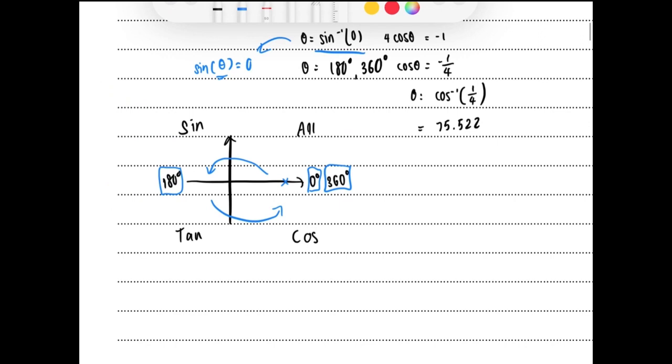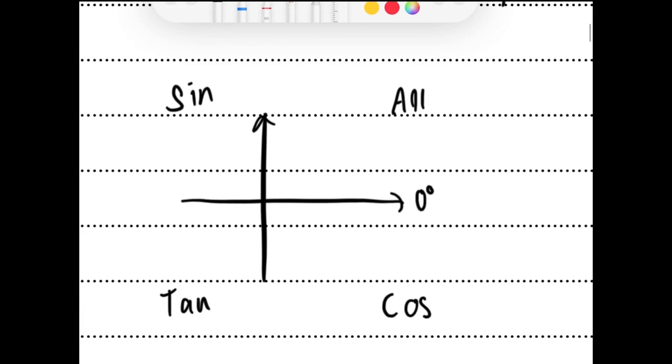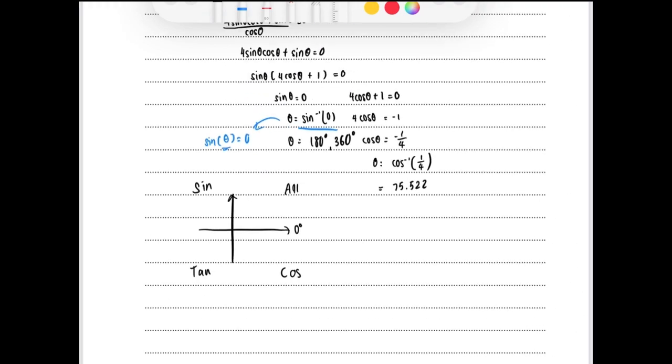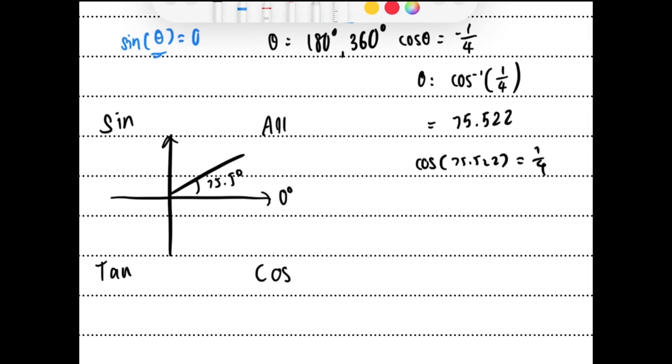So again, if you look at this graph, any angle within this quadrant will be positive because this is your cosine quadrant. However, if you have an angle over here or over here, you're going to get a negative value for your cosine. So your critical angle right now is 75.5. This will give you a positive if you sub in cos 75.522. You're going to get a positive 1 over 4. You can key into your calculator to check that, and that's true.